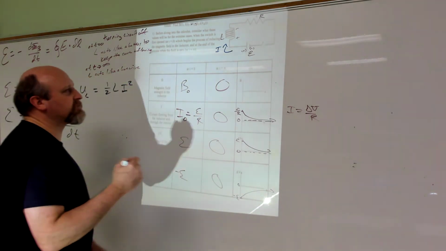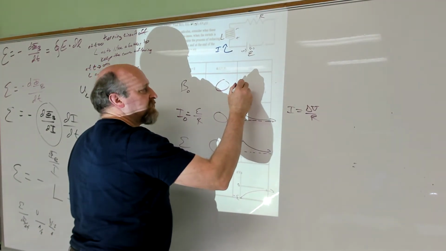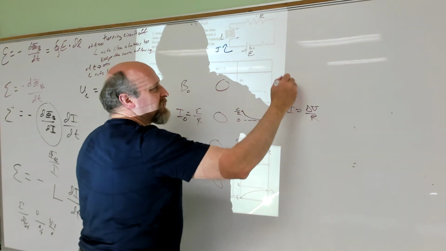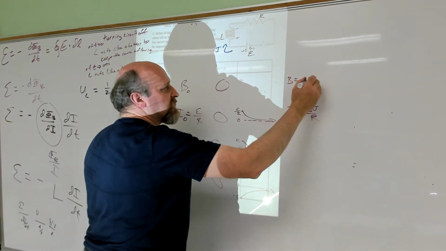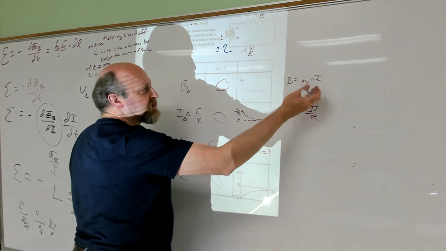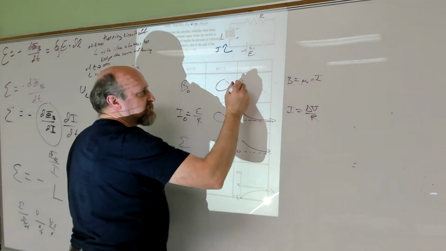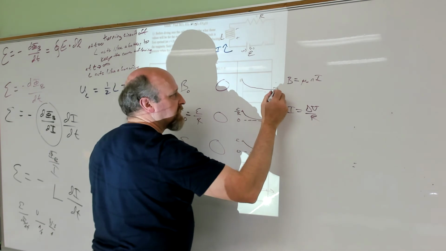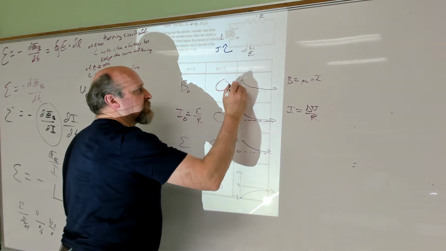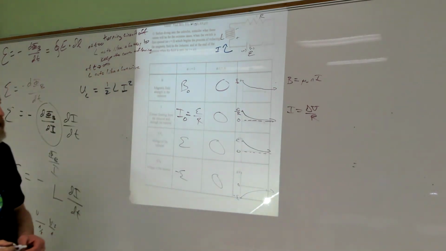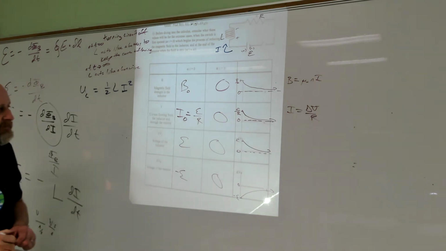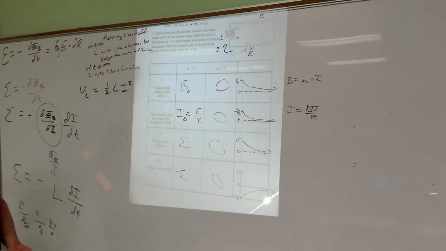And in the magnetic field, we started with some magnetic field in the inductor, and as the current slows down, there's going to be less and less current. Because remember that B in a solenoid is mu naught N I. This isn't necessarily a solenoid, but it could be anything else. But it's going to be something proportional to the current. And so it's going to drop to 0 as the current drops to 0, whatever my starting magnetic field strength was there. And this is approaching 0. So that's what happens.